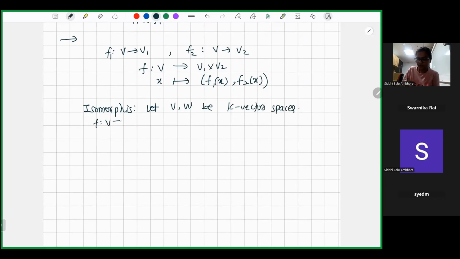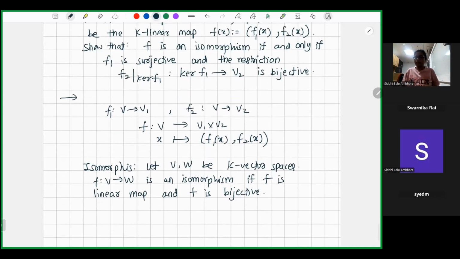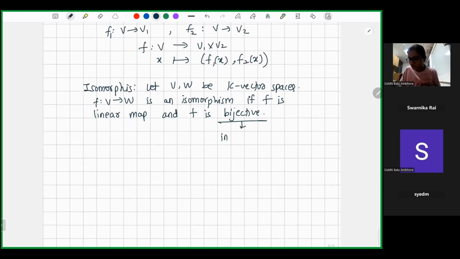We say that F from V to W is an isomorphism if F is a linear map and F is bijective. These two conditions must be satisfied. So what they are saying is that this map F, the way they have defined it here, is an isomorphism. That is, it is bijective, and I hope you know bijective means injective plus surjective.